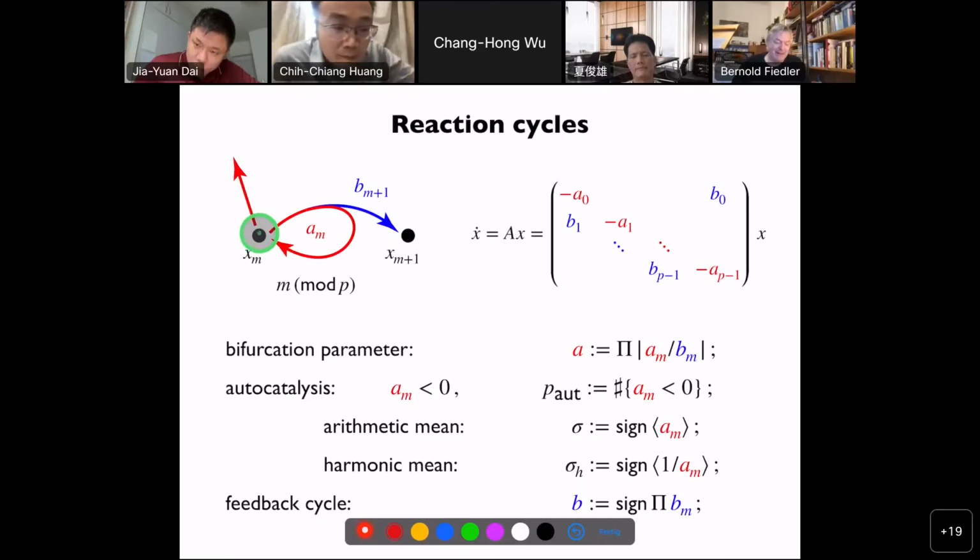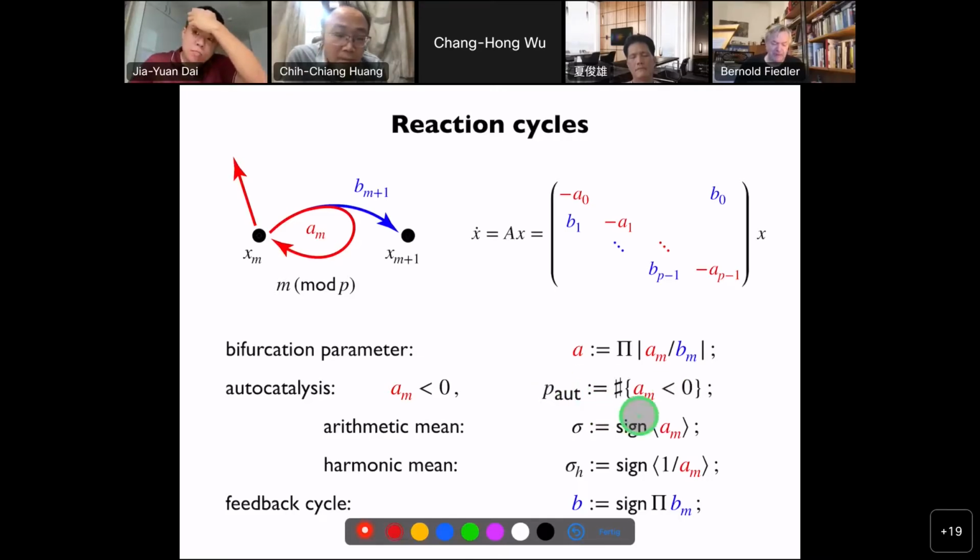But if by consuming XM you can produce more XM than you consumed, then you get a positive entry on the diagonal. So XM acts as a producer of itself; it catalyzes its own production. This happens in biological systems, of course. And I count the autocatalytic elements in my cycle of length P.